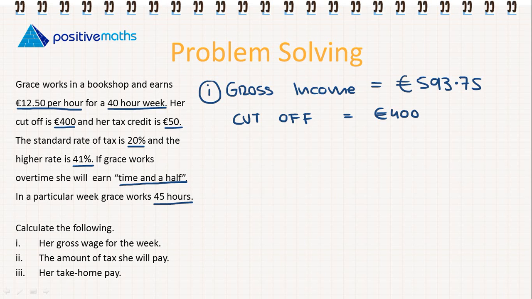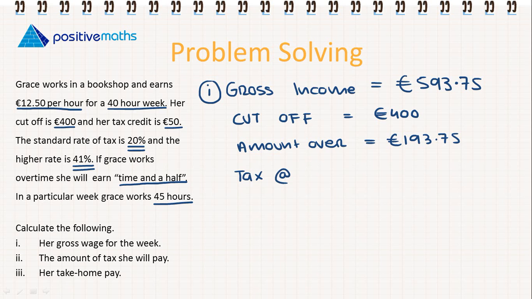The cutoff is equal to €400. Now we want the amount over that. So we have 593.75 minus our 400, which is going to give us 193.75.